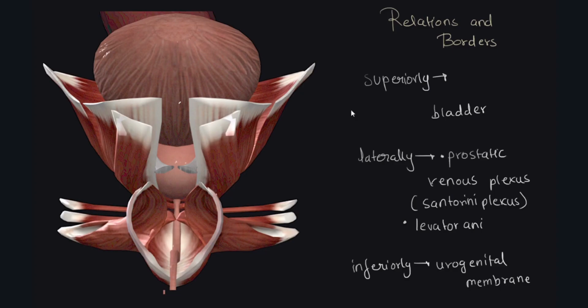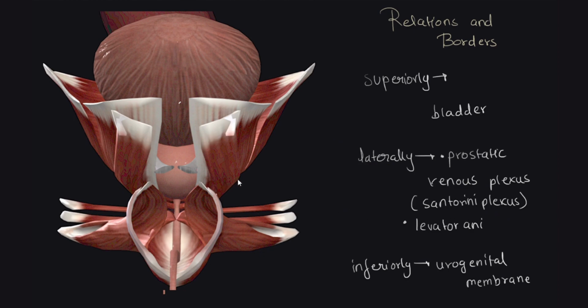Then superiorly, we can find the bladder. This region right here is the superior border of the prostate. So this is the prostate, and superiorly we can find the bladder. What else can you find laterally? Laterally, we can find the prostatic venous plexus. It's not really visible here, but you can see there are a lot of veins near the lateral side of the prostate, also called the Santorini plexus.